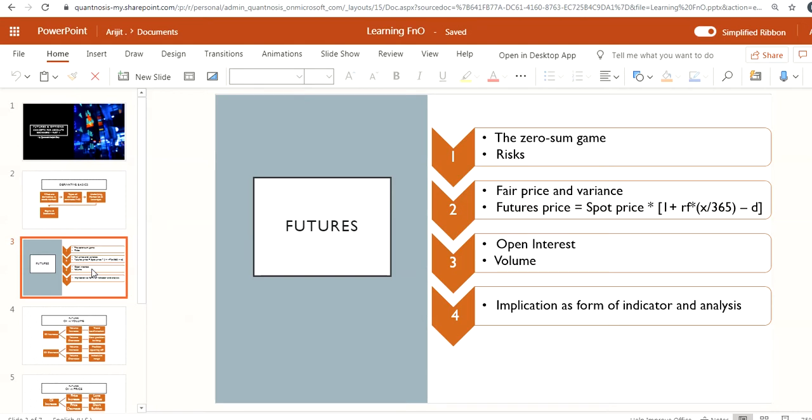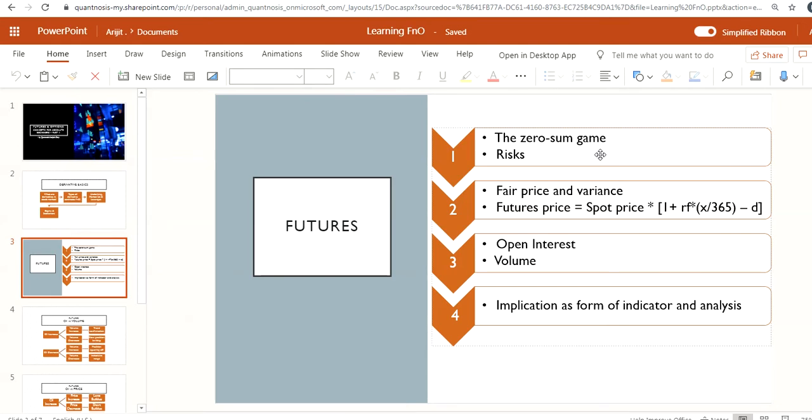Also there is a term, as you can see, called zero sum game. It's because, like I mentioned before, a futures contract is created when a buyer and a seller agree upon a predefined date and price. One person is thinking that the price of the underlying will go up and one person is thinking it will go down.